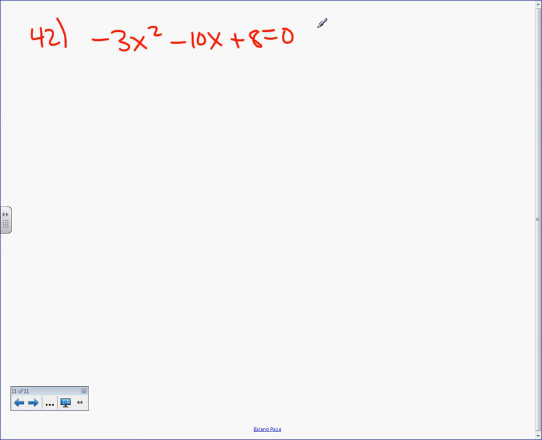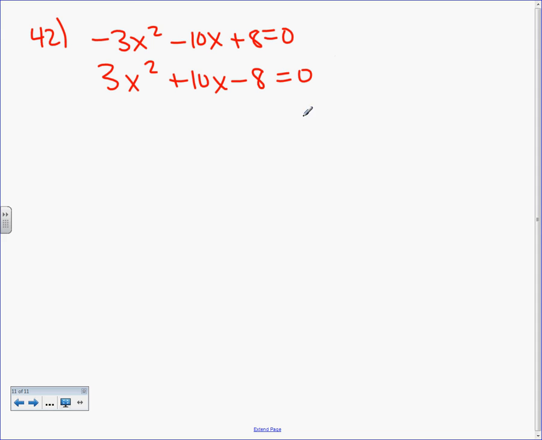So I can divide everything by a negative 1, multiply everything by a negative 1, move all this stuff to the right. You can do whatever you want, just make that front number a positive. Does that make sense? So I'm going to divide everything by a negative 1 because it makes sense to me, okay? So that's going to be 3x squared plus 10x minus 8 equals 0.